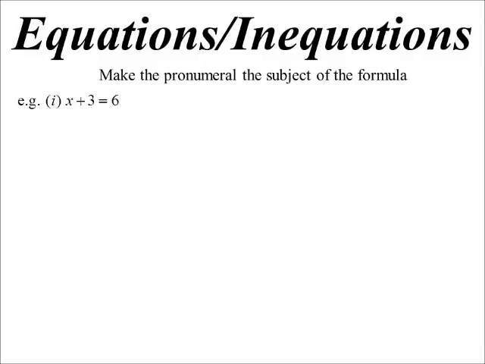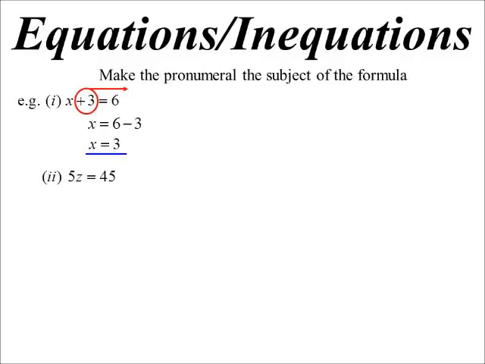And I know that whenever I move something across that equals sign, I've got to change its sign. So I would look at that and think, okay, I'm going to move that 3 over to the other side. So what I'm really looking at is x equals 6 minus 3. I probably wouldn't write x equals 6 minus 3 down, but that's what I'm thinking when I see that equation. And obviously x equals 3 is the answer.